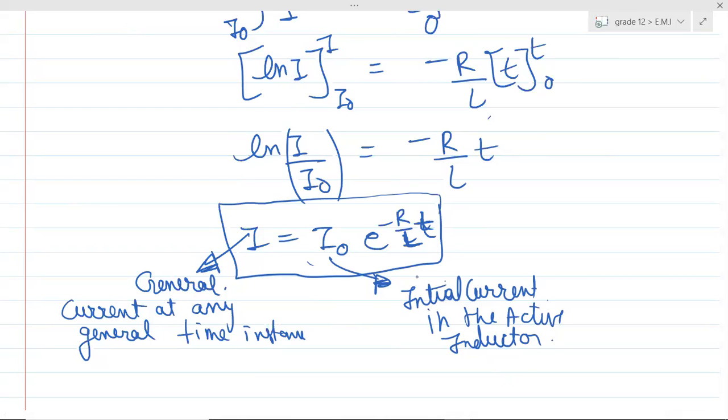Yes, speak. It's just a hypothetical question. Why can't the current flow at the same value till t equal to infinity? Why is there a decay? Because the resistor will start dissipating certain heat, and there is no energy providing source now.